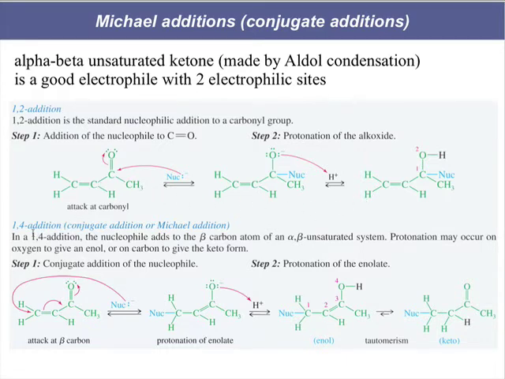But in our 1,4 addition, the double bond moves. It gets to move from a less substituted position to a more substituted position as a result of the nucleophile adding into the beta position. So, with strong nucleophiles that are highly reactive, we don't care so much about what our product looks like.